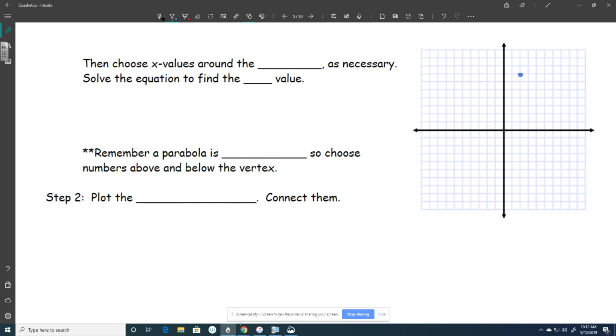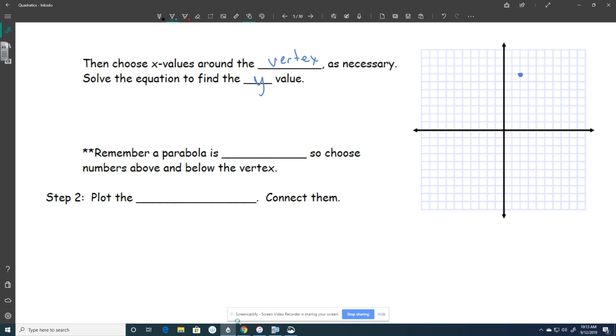Then it tells us to choose x values around the vertex as necessary. Solve the equation to find the y value. So the x value of my vertex is 2. So I want to pick a number around 2.